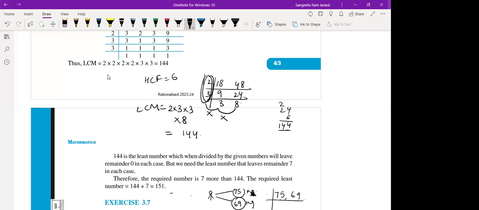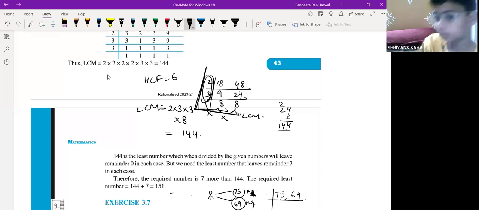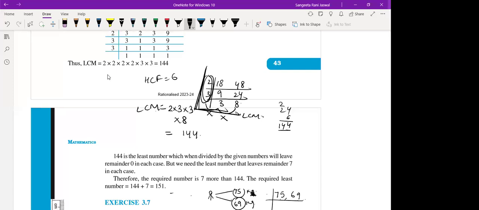We multiply all these numbers here. Keep this L shape in mind: all those numbers which come at the end, you will multiply them. L for LCM, just a memory tip, okay? Multiples are infinite, so the least of them is called the least common multiple.